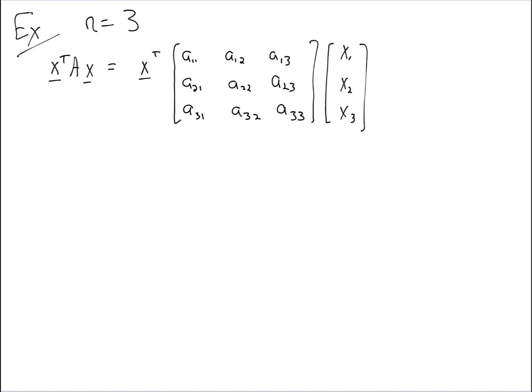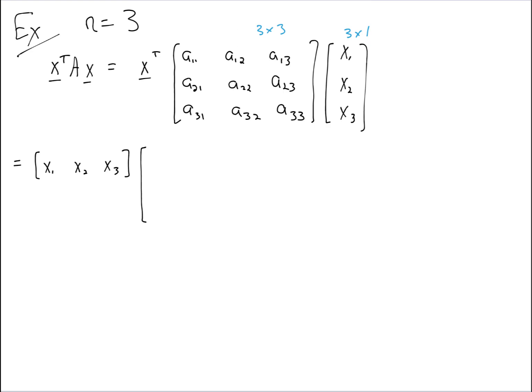And so this expression becomes x transpose, which now we will write as the row vector x1, x2, x3, and let's write out what that Ax term looks like. Recall our rules for matrix multiplication. This matrix is a 3 by 3, this vector is a 3 by 1, and so the result is a 3 by 1. We use the outer dimensions of this product.